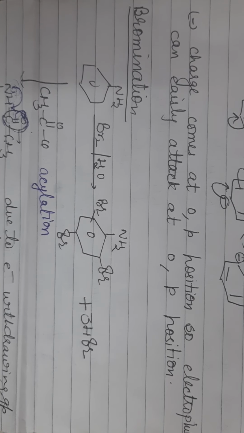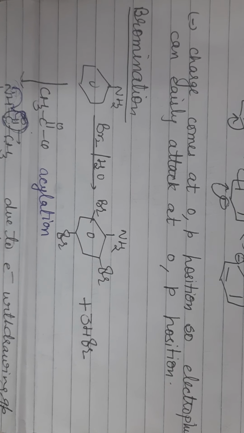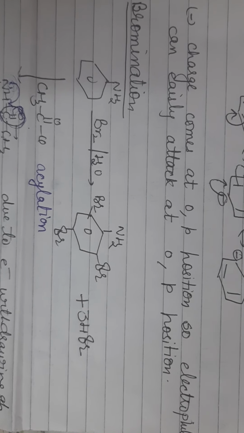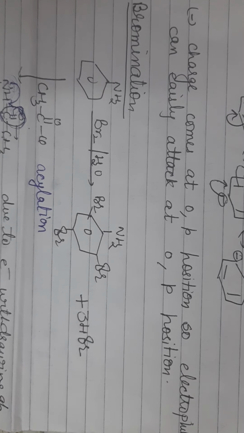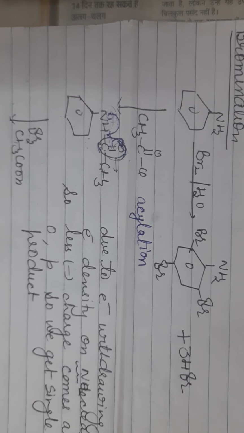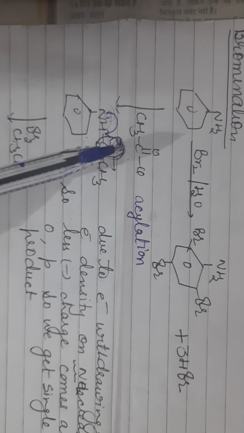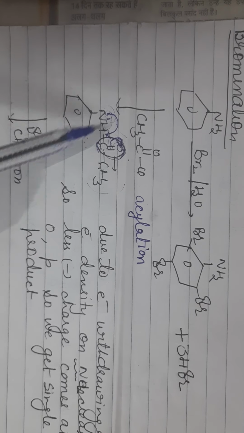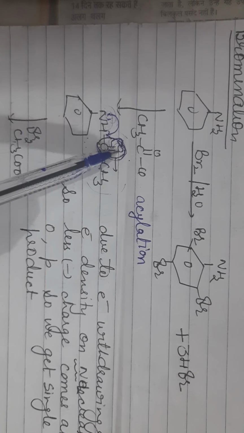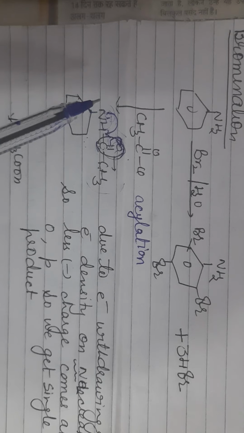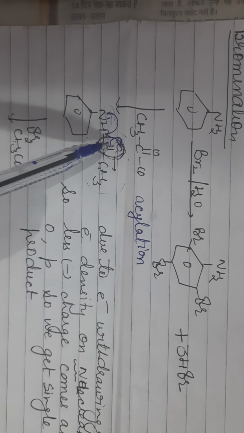of this and we get orthobromoaniline and parabromoaniline. So if in bromination we want to get a single product, then first we do acylation. During acylation this acetyl group comes on aniline. This is an electron withdrawing group and it stabilizes the lone pair of electrons present on nitrogen on itself due to resonance.